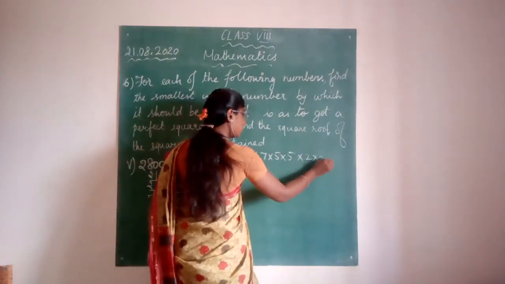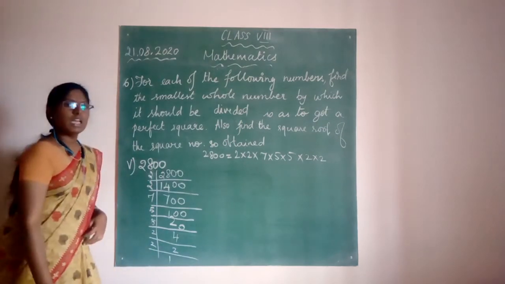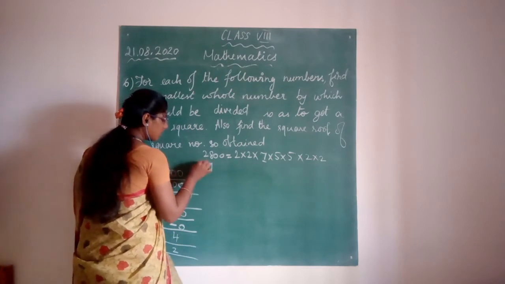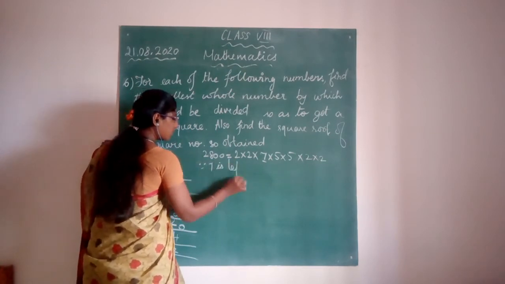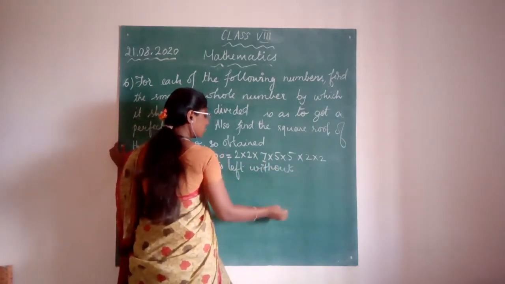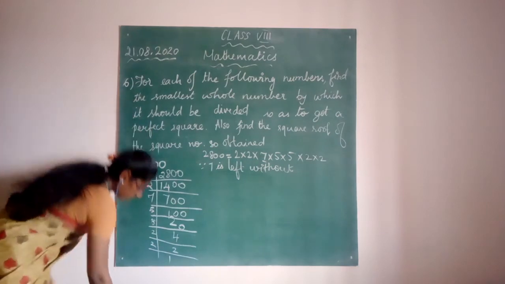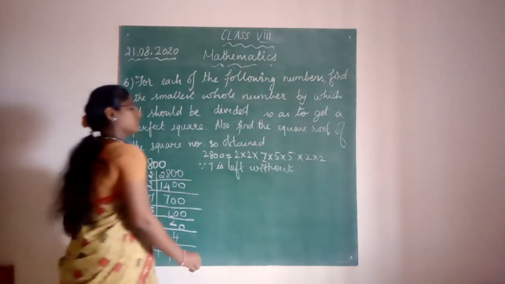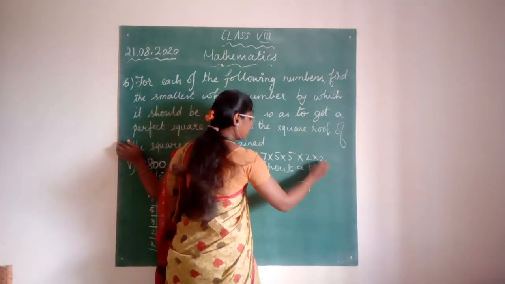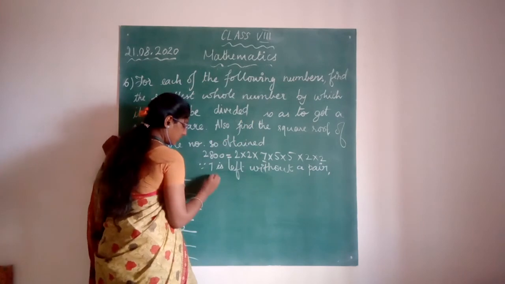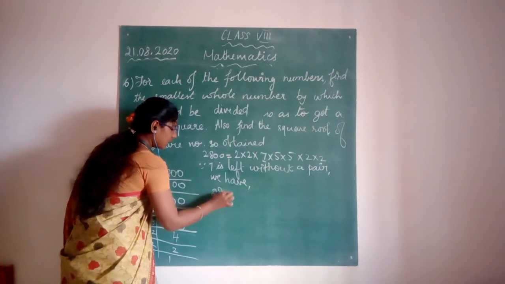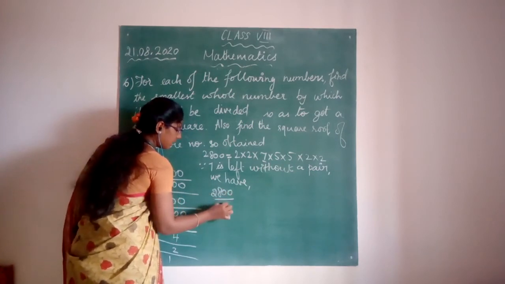So here which is left out without a pair? 7 is left out without a pair. So you write, since 7 is left without a pair, we have 2800 divided by 7.